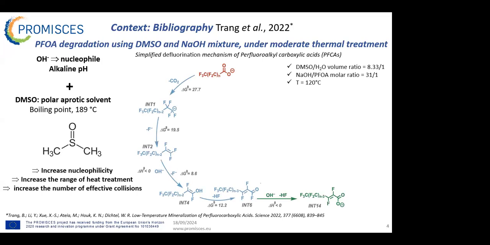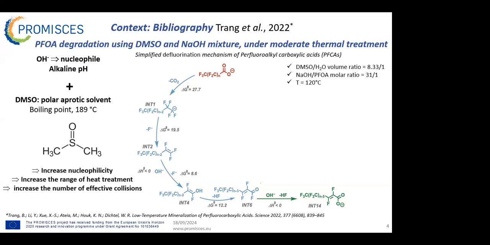So by investigating PFOA, DMSO and NaOH at 120 degrees Celsius, they demonstrated that perfluoroalkyl carboxylic acids are degraded through a loop. First of all, you have your acid, which is a carboxylate.